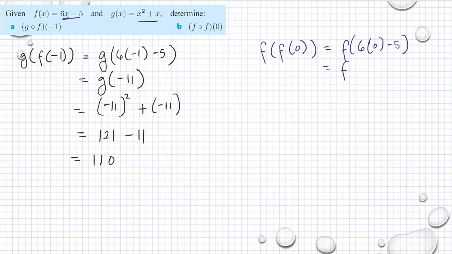Then we have f of negative 5. One more time, we use the same function, but this time our value is negative 5. So we have 6 times negative 5 minus 5. Then we have negative 30 minus 5. Then we have negative 35.